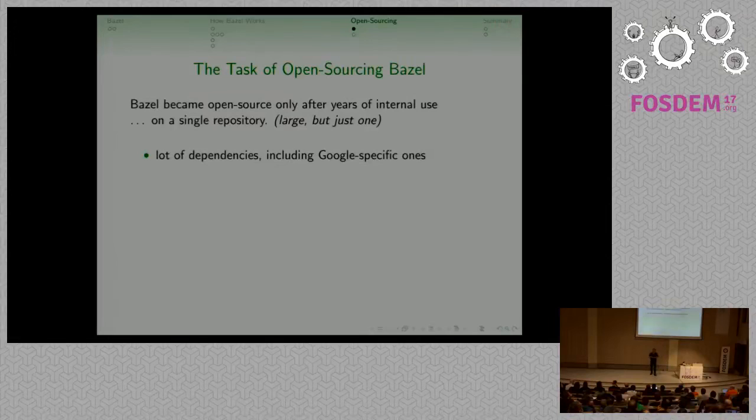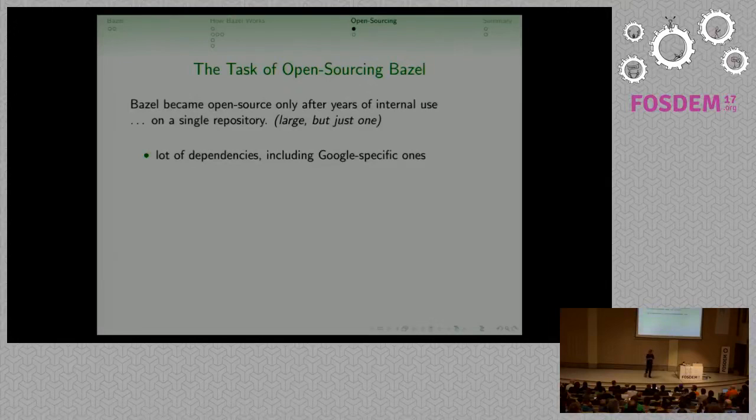But from that history that it was used for years only for an internal use case, a lot of properties of the code base arose which made it hard to open source it or still block open sourcing some tests. The one is if you have one huge code base with a lot of useful libraries, you tend to use them.